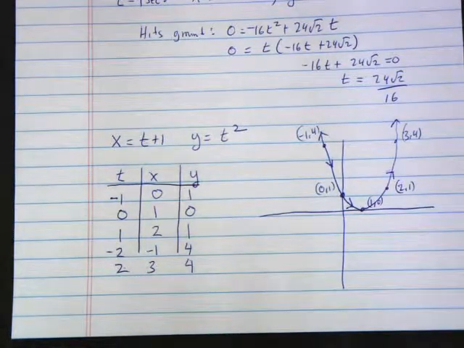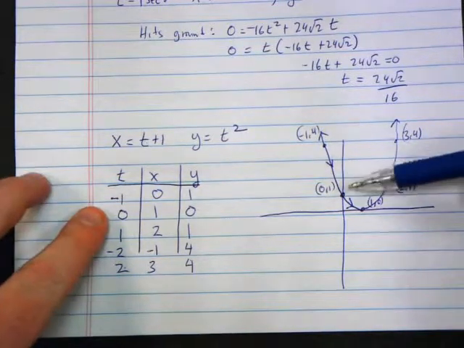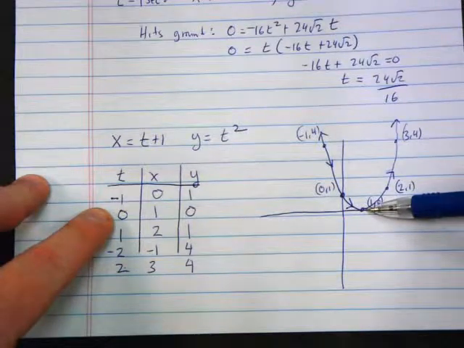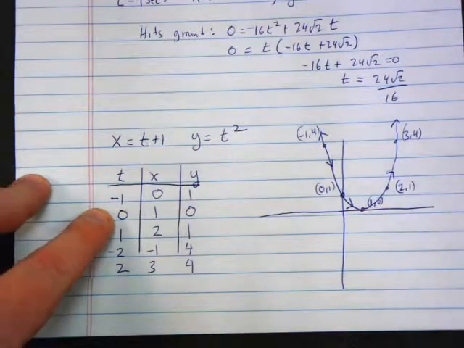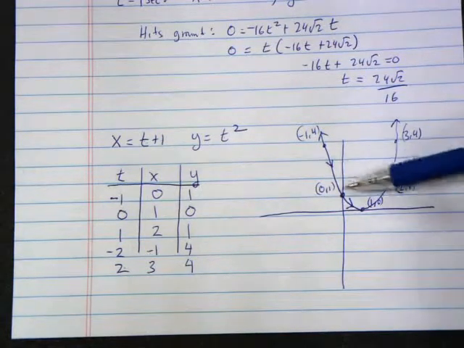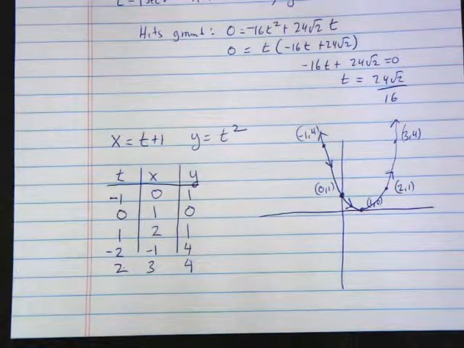Because as time increases, position changes, and it's changing in that way. When I go from t equals -1 to t equals 0, I'm moving along in that direction. So when you draw parametric equations, not only do you draw the shape, you also show the orientation, the direction.